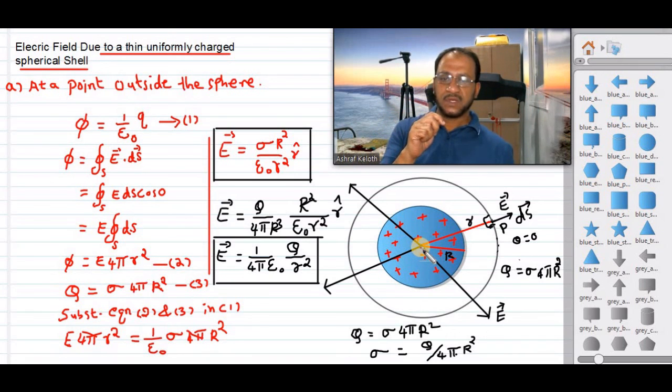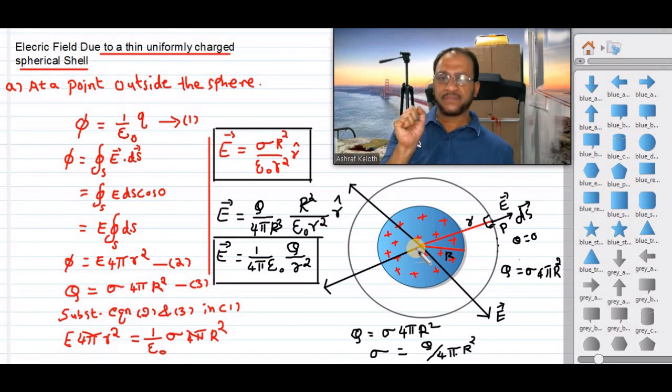It means if you find the electric field intensity because of a spherical charged shell at a distance r from the center, it will be equal to the electric field intensity produced by a point charge, if the point charge is equal to the entire charge on the surface of the shell. Then both are giving the same effect.